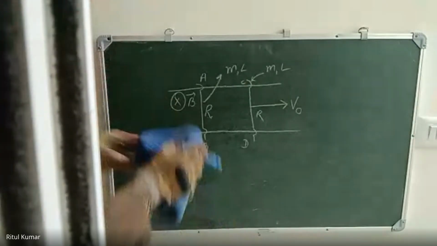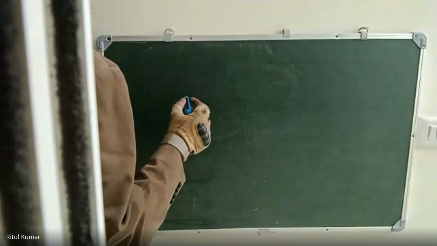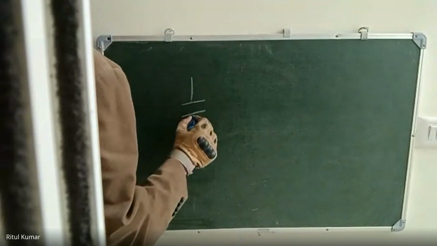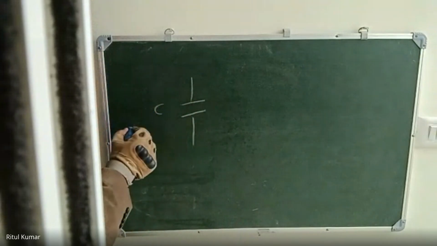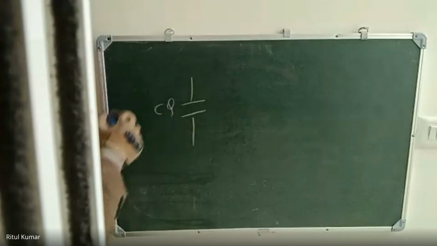One more thing just occurred to me. Let me club whatever we have studied. So this is a capacitor. C is the capacitance of the capacitor. Q is the charge on it.